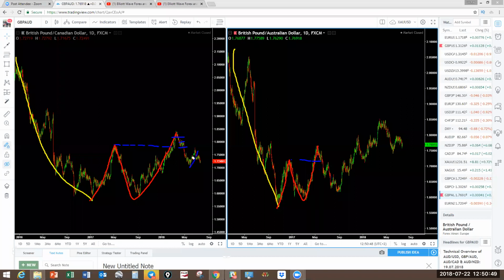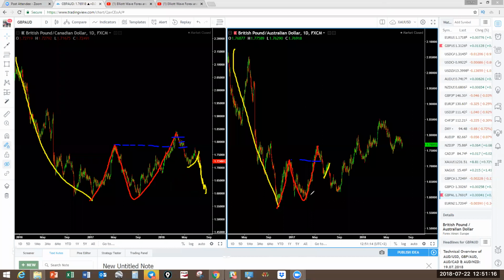I don't know if you can see it. If I use yellow, we said we're going to get a bit of a correction like this, because it has already played out on pound AUD. Remember, that structure has already played out on pound AUD. Now pound CAD is only on this move. We are expecting it to come down all the way to the 78 with that harmonic pattern that we just drew here.